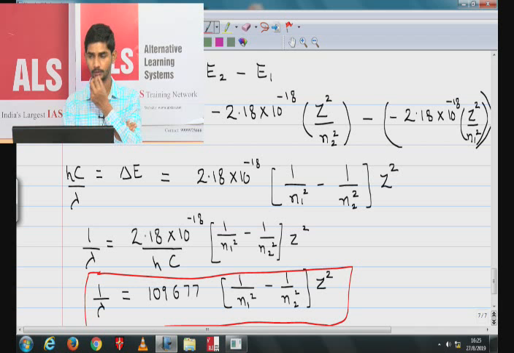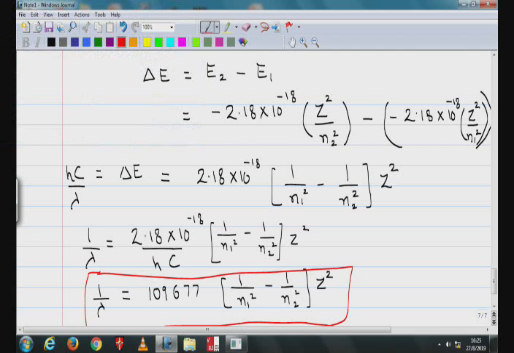Guys, you can note it down and give me a quick reply: is there any doubt regarding this relation, regarding this derivation? Guys, you have to just reply clear or not clear. Okay, that's cool.